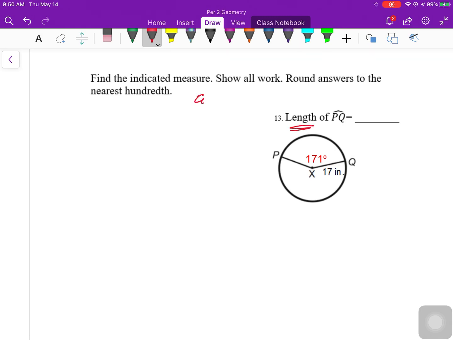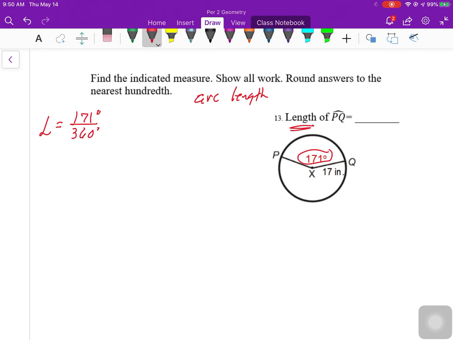Let's take a look at another problem from early in the chapter. Now, in this particular problem, they ask us to find the arc length. The arc length is usually symbolized with a capital L. We need the fraction of the circle.